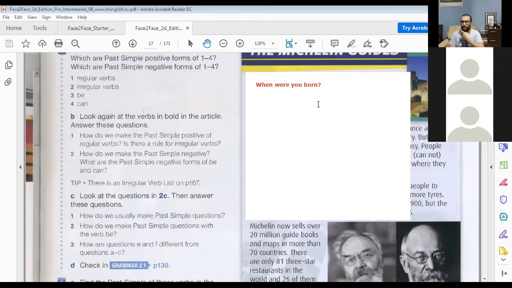How do you answer this question? I was born in 1965. You can use any year, but you have to say I was born. Of course, in the question we say when were you born?